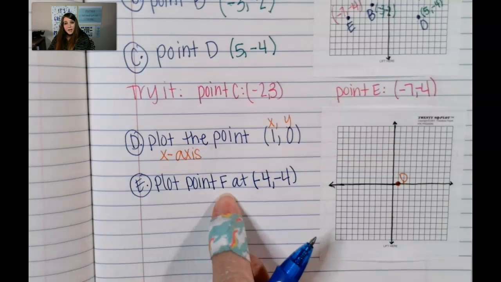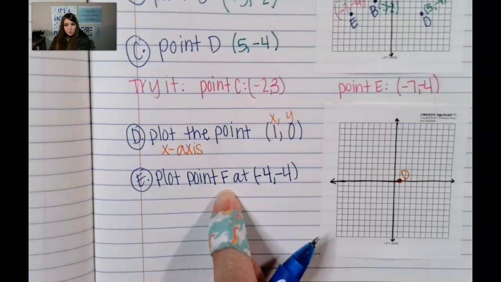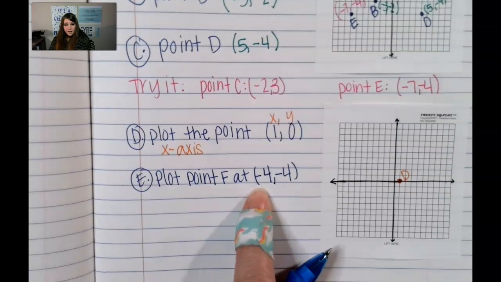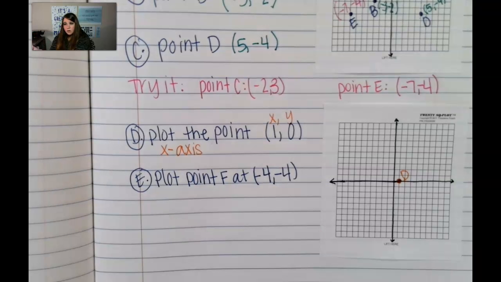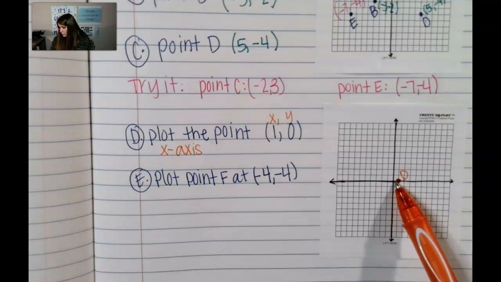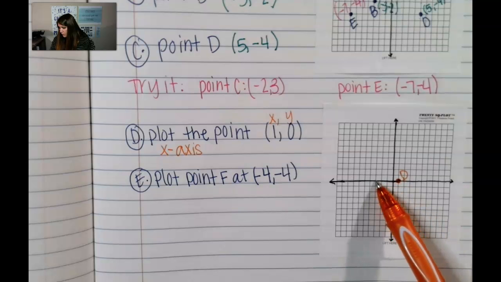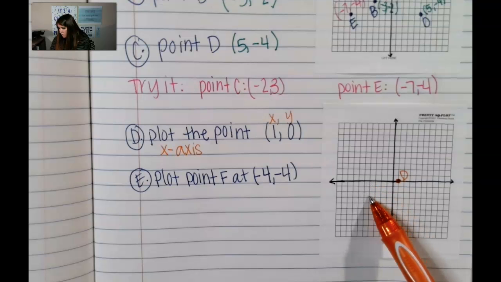So this one, they tell us what it's called. It's called point F. And our job is to plot this point at -4, -4. So again, we're going to use our pen. We're going to go over jumps 1, 2, 3, 4. And then we're going to go down 1, 2, 3, 4.